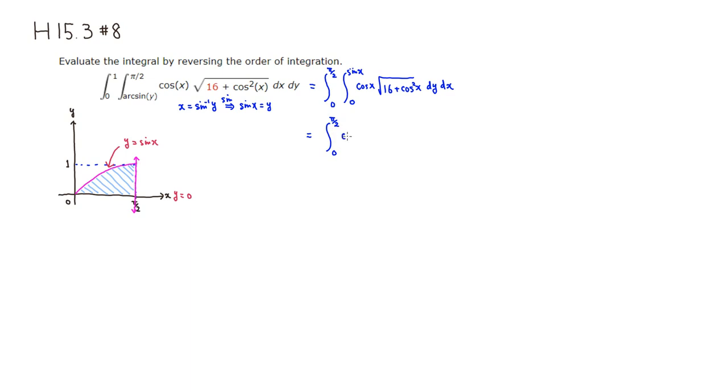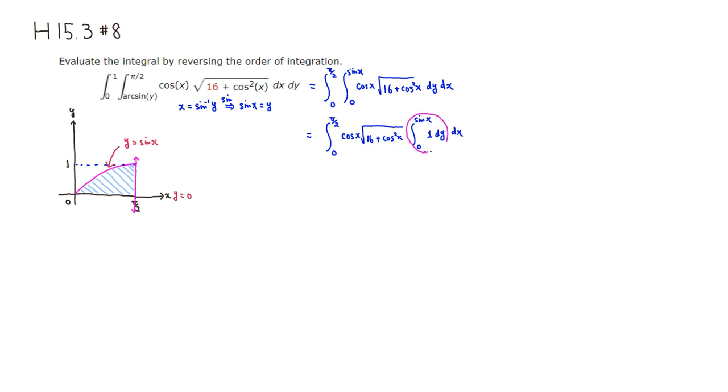So you have cosine of x times square root of 16 plus cosine squared of x, and then an integral from 0 to sine of x of 1 dy dx.